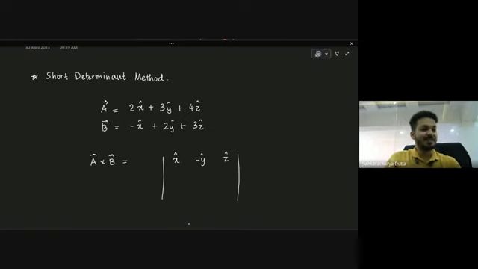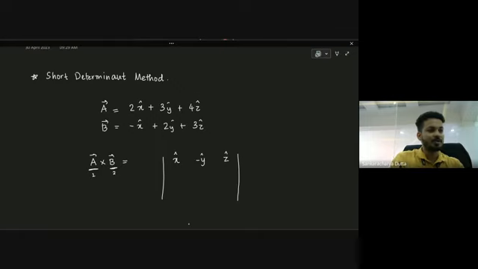Okay, so you write x, minus y, z. Now you might be tempted to question me, sir, why minus y? My answer will be, don't ask. Just write the minus sign to compensate for the final answer. Okay, now I'm doing a cross b, and the order matters here. This is the first vector, this is the second vector. Write all the values of the first vector below x, y, and z.